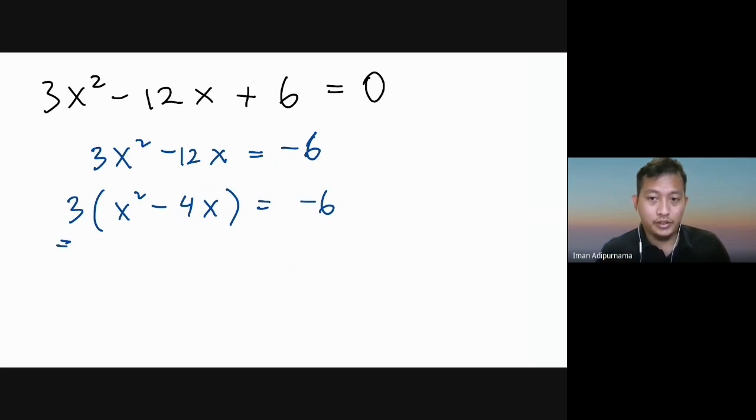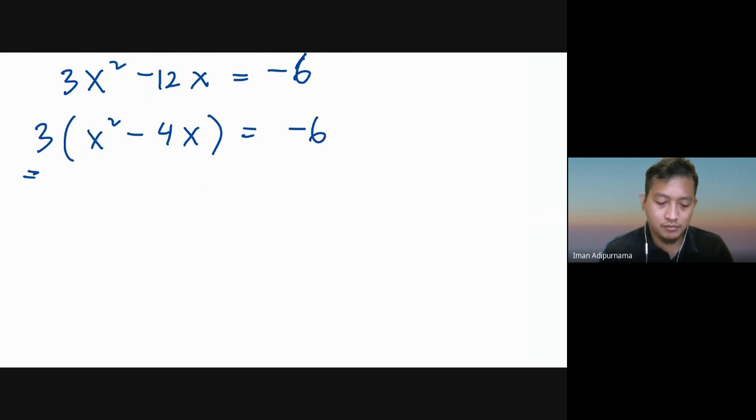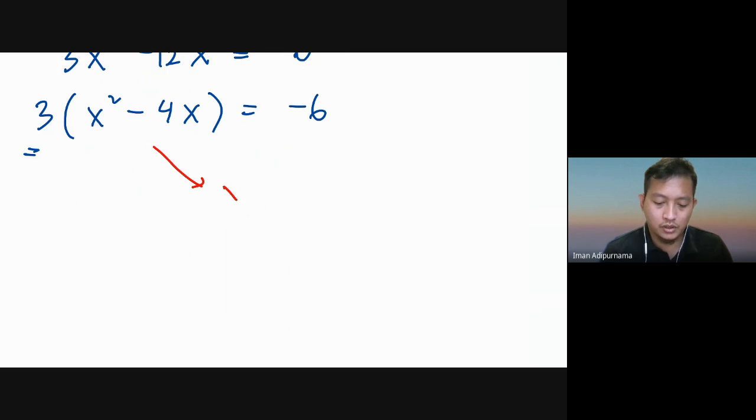If you are confused, maybe having messy writing on your paper, we can separate this and write it another way. If you want to complete the square, we need to plus 4, right? We need to plus 4, and then we get x minus 2 squared.